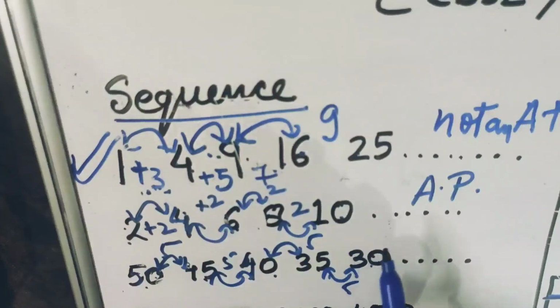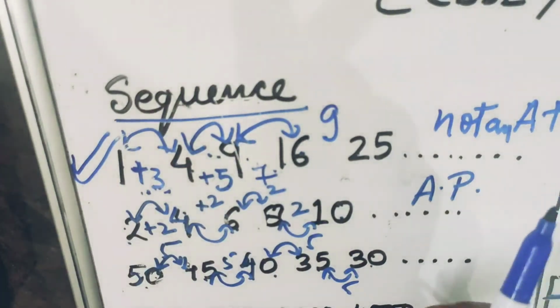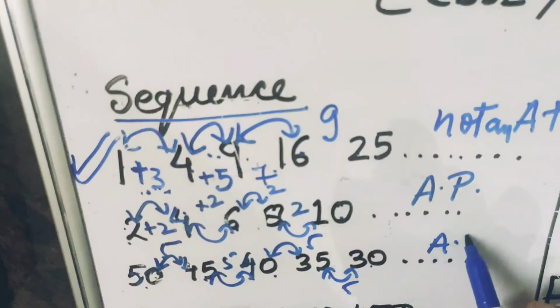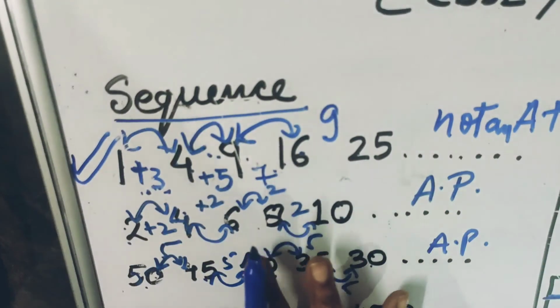And if you want the next number, it will automatically be 25, again with a gap of 5. So this is also an AP. Now if you see some few more lists of numbers, you will observe a pattern and you can check whether that is an AP or not.